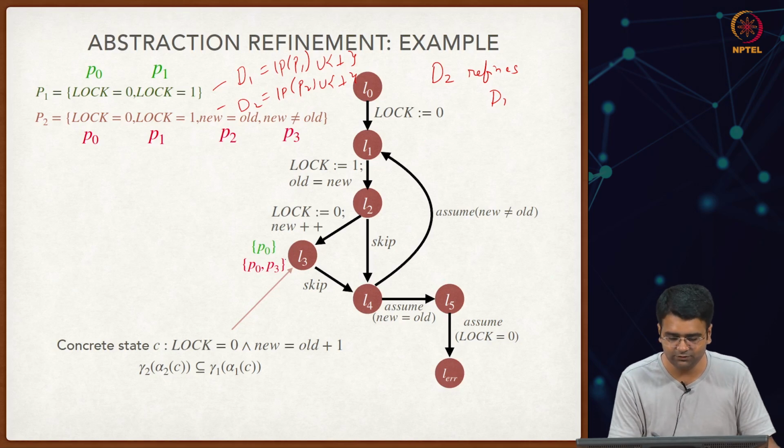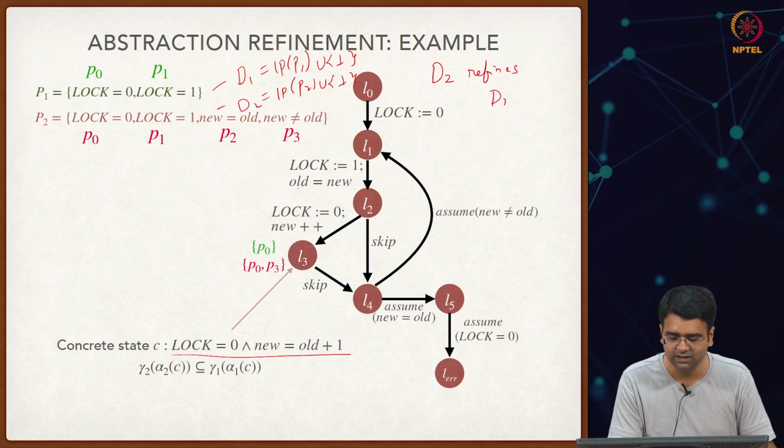Indeed, if you take a concrete program state, let's take this particular concrete state C. This is the state that you will get at the location L3. If you execute the program and reach the location L3, then the value of lock is going to be 0 and the value of new is going to be old plus 1.